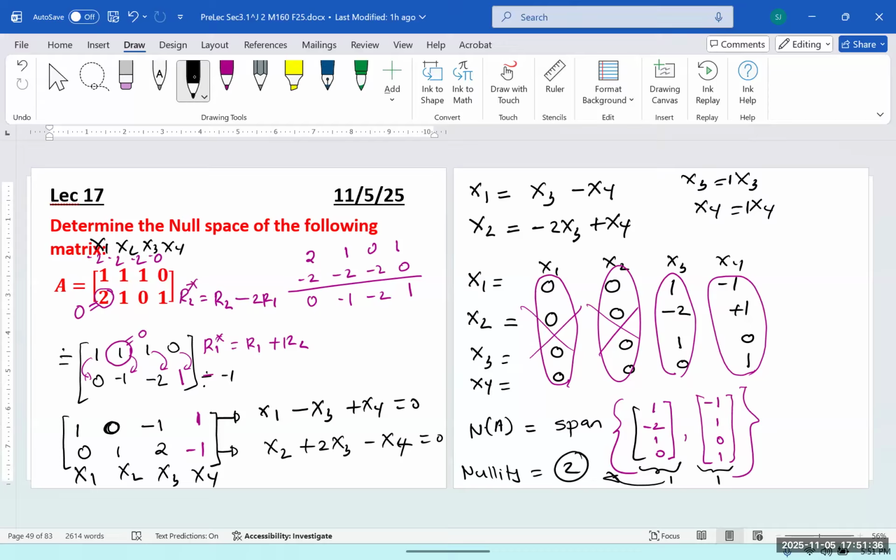What's the difference between span and nullity? Okay, so span means it covers, so the null space is covered by these two vectors. This is what span means. It is covered by them. And nullity means how many independent vectors you have, which cover the entire space. We have 2 of them.